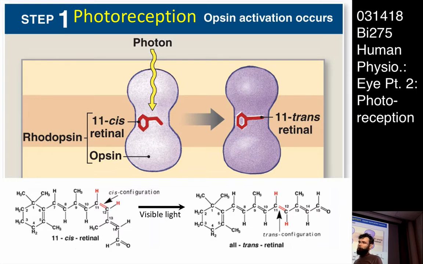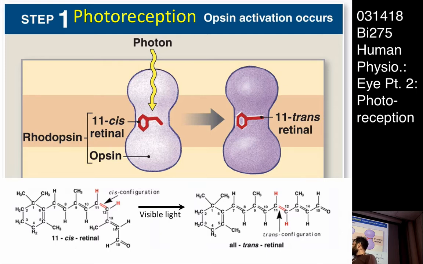Those have unique properties, specifically because of the energy level of the molecular orbitals. They are able to absorb certain frequencies of electromagnetic energy, specifically visible light. So they're able to absorb visible light.